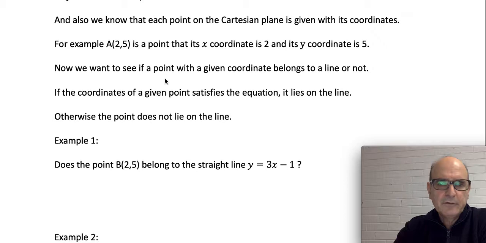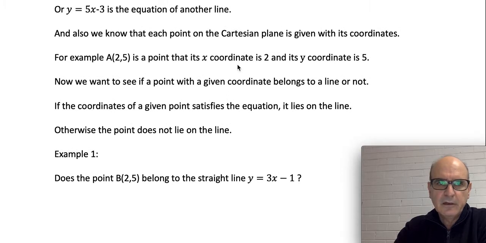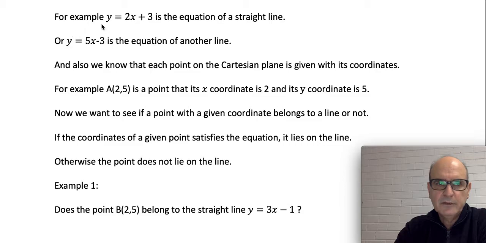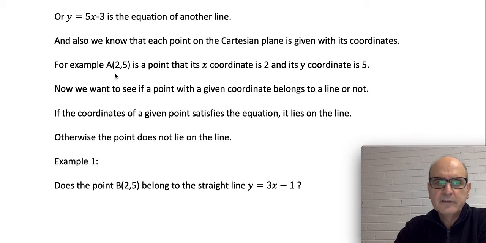Now, if they give us a point with these coordinates, and a straight line with its equation, does this point belong to this line? In other words, does this point lie on this line or not once you graph them?